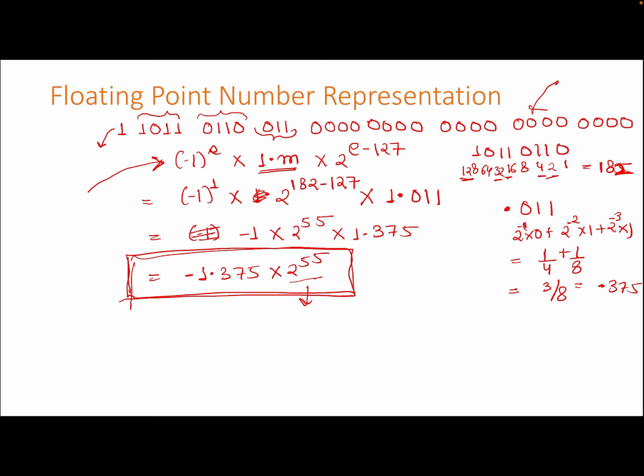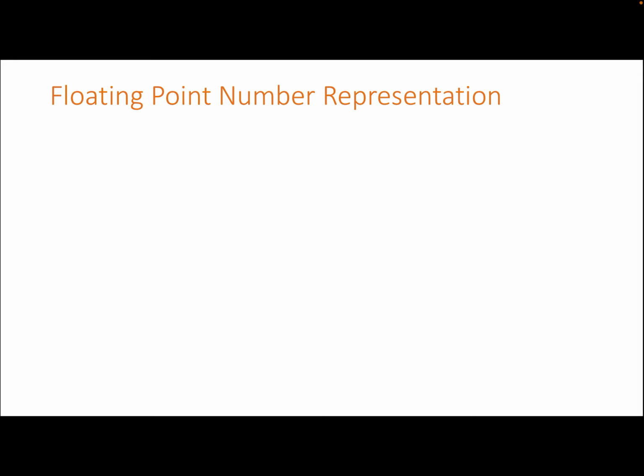Now let's take an example in which we convert a decimal number into binary. So let's take this example, which is 105.625. So first convert this 105 into binary. We will use the radix division method, in which we will divide this number by 2. This is the remainder.